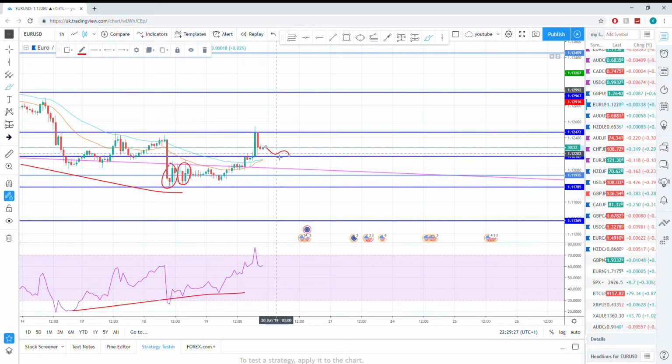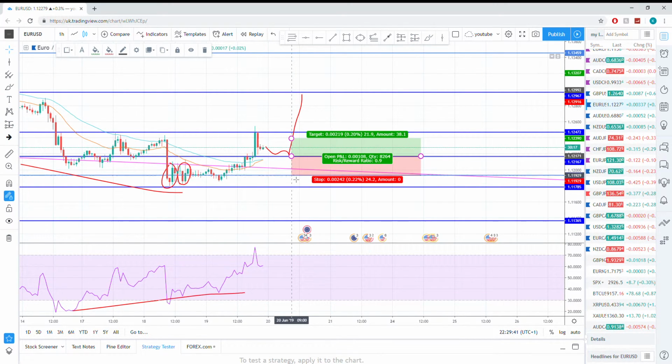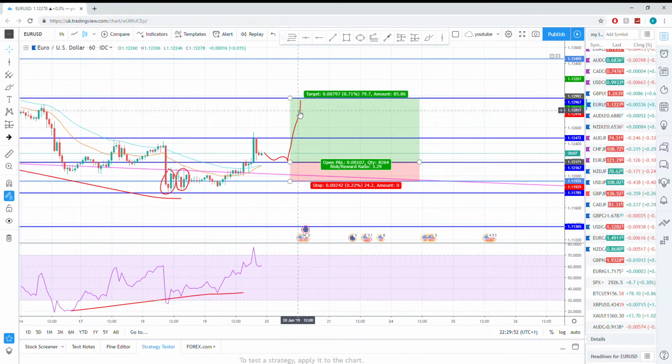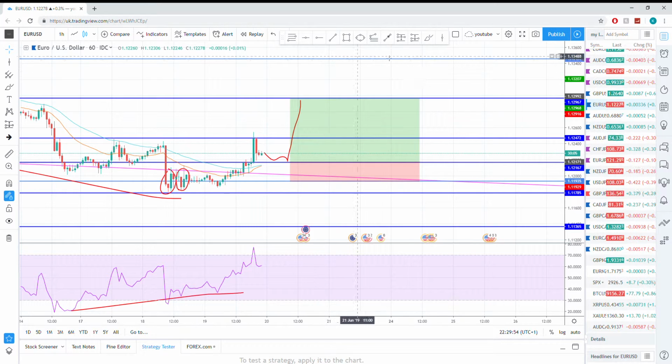So we might get a huge pin bar, for example, here, or some sort of confirming candle, and this point here will be the ideal point for us to send price upwards. So something along the lines like this. And then again, our TP1 can be here, a TP2 roughly here, and a TP3 there. So roughly around 80 pips for that.